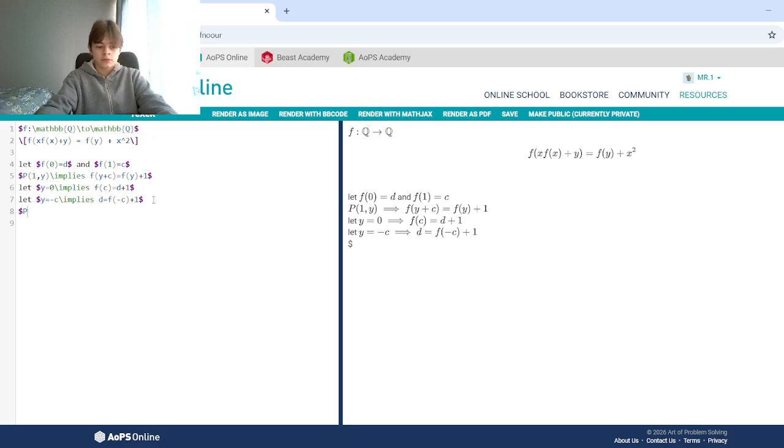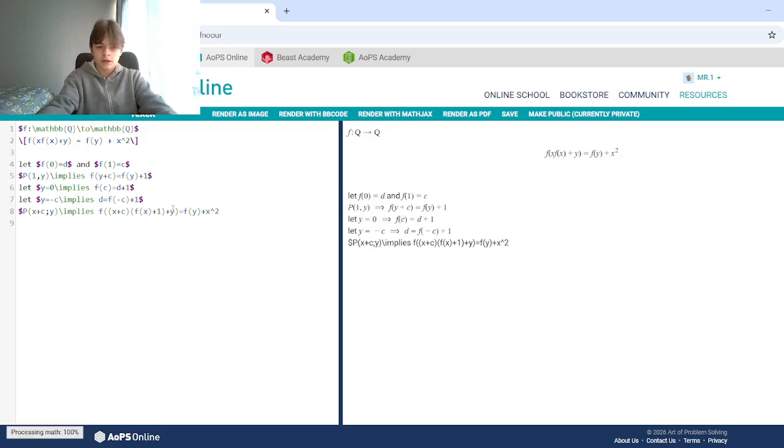Now let's use this input, and we get f(x + c) times f(x) + 1, because we know that f(y + c) is equal to f(y) + 1, and add y to this and we get f(y + x^2 + 2xc + c^2).